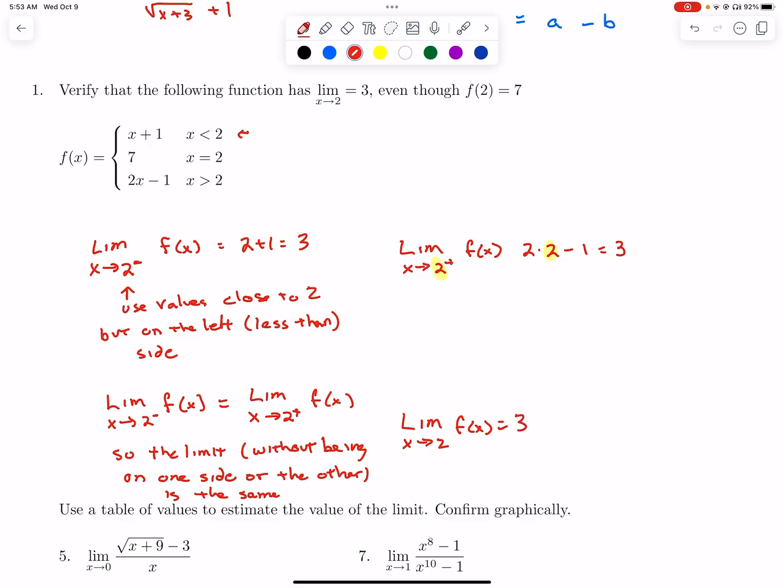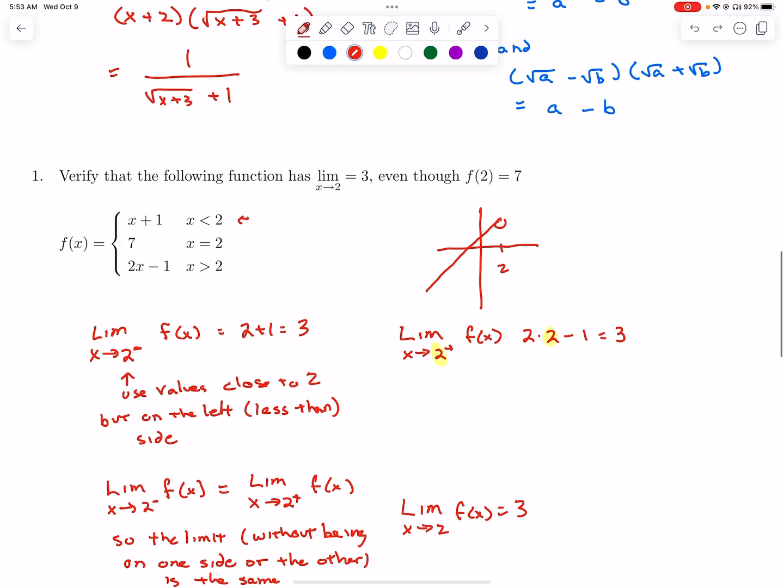is 3. Now you may remember what the picture looks like for this. X plus 1 looks like this, but we only draw it until x equals 2. Put a hole. Then there's just this random height. Oops, sorry. I pushed the erase button with my fist.